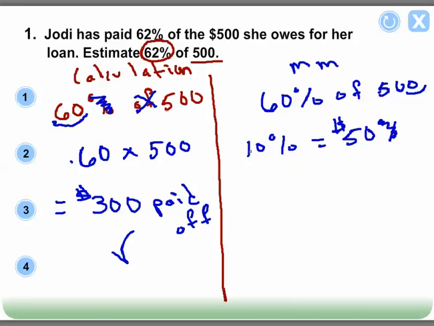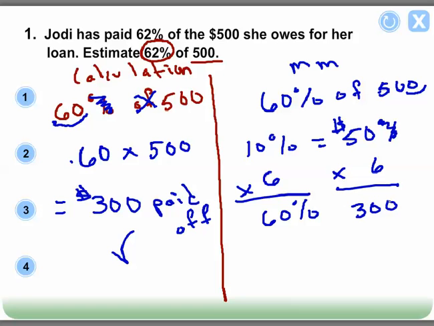But I don't want 10%, I want 60%. So 6 10%s would be 60%. So it only makes sense based on proportions from last chapter that 6 50s would be 60%. So 6 times 5 is 30, so 6 times 50 is 300, and I have it all done.